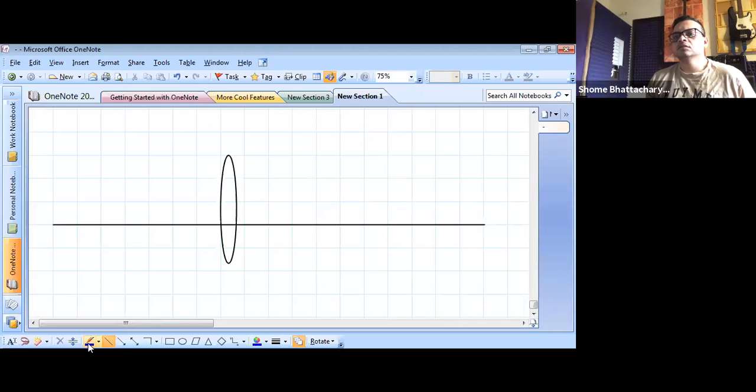Let us say this is a virtual object. So we have any incident ray which appears to be going through the focal point. That incident ray would be like this.